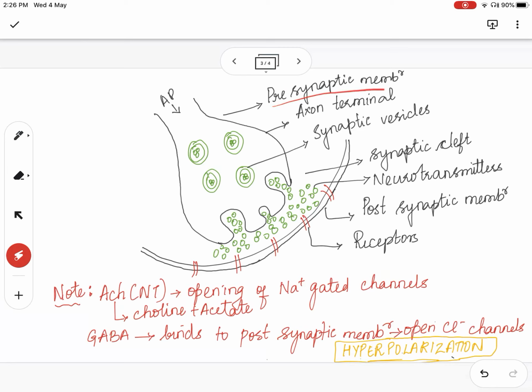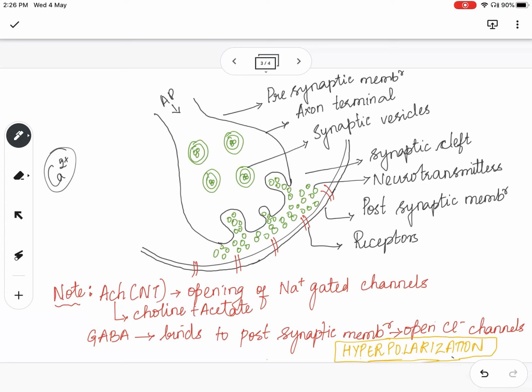In the presynaptic membrane. So what does it do? It becomes permeable to what ions? They are the calcium ions. Because there is action potential, and action potential is nothing but some sort of energy is going to develop over there. That means it is going to help for the transmission of impulses starting from the presynaptic membrane.